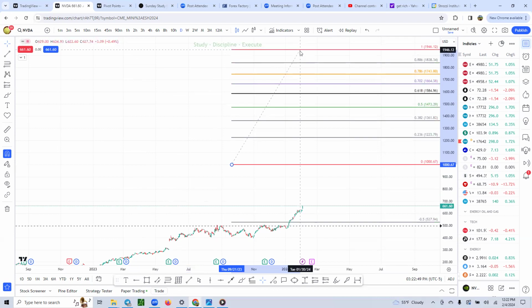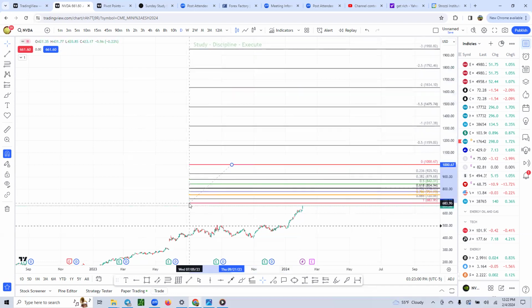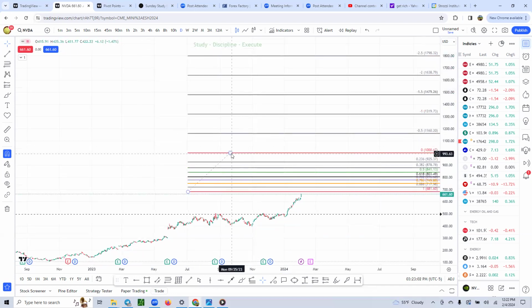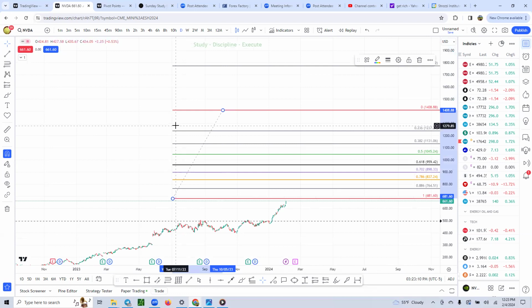You might want the trend line going up this way if you're looking for a bullish retracement, or bearish coming up to one of these levels. That's a key point I get all the time: how do you know how to put it on a chart? There you go, you can flip it. It doesn't matter how you put it on the chart in TradingView. Does anybody have any questions about that?